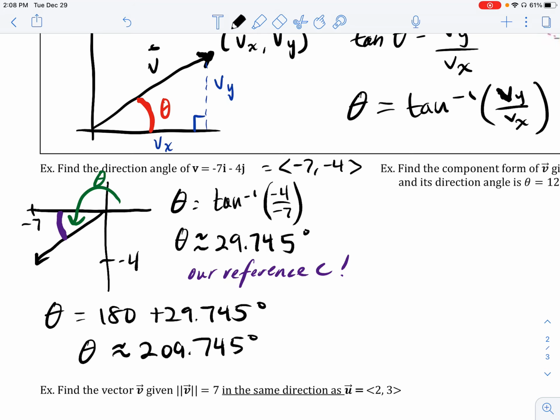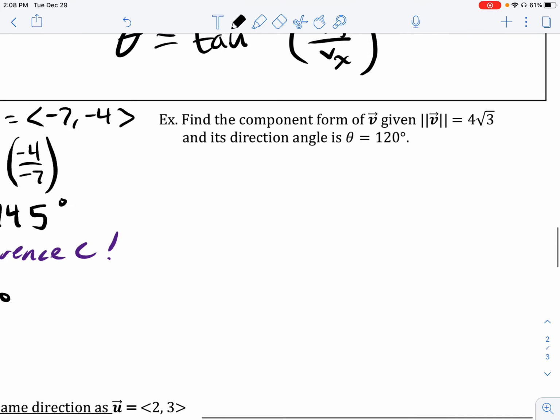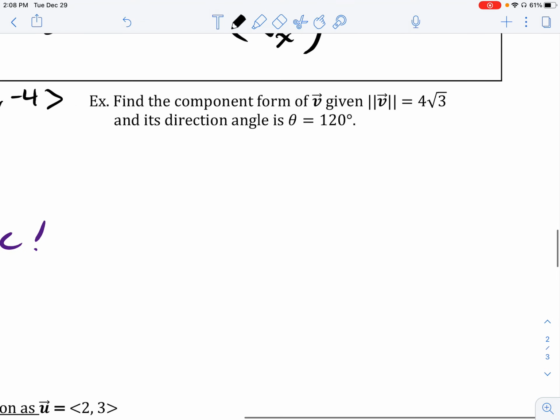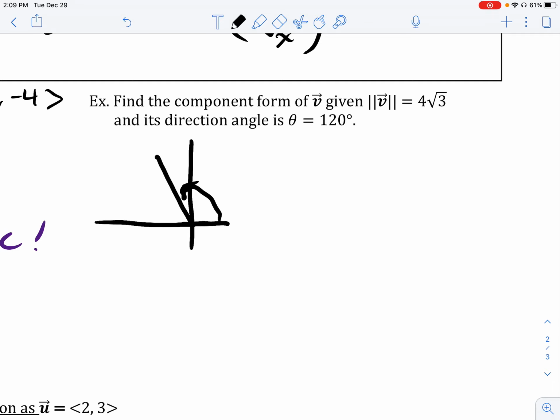All right, let's try a few more examples. Let's find the component form of a vector. What we're given is that it has a magnitude of 4√3 and its direction angle is 120 degrees. Let me just draw this. This angle is 120 degrees, so it's 30 degrees past 90.